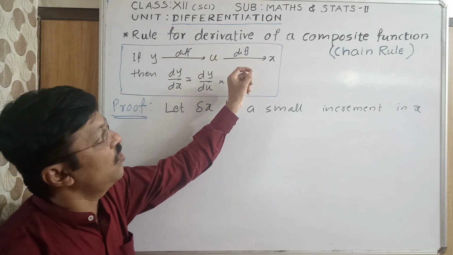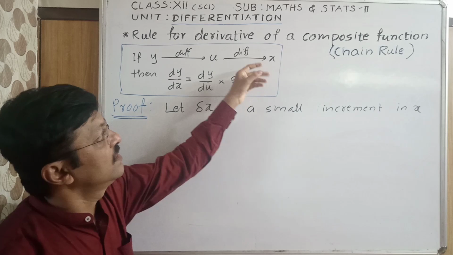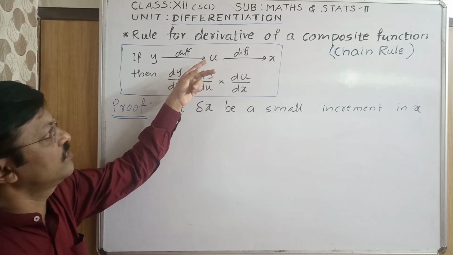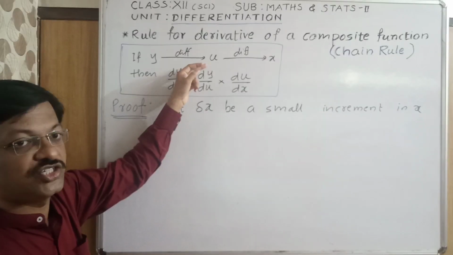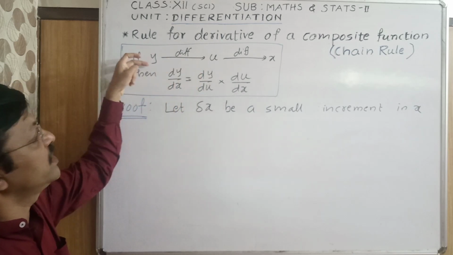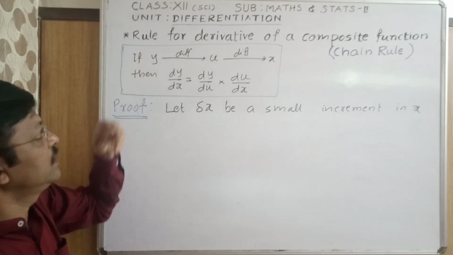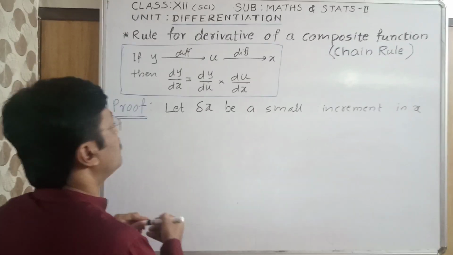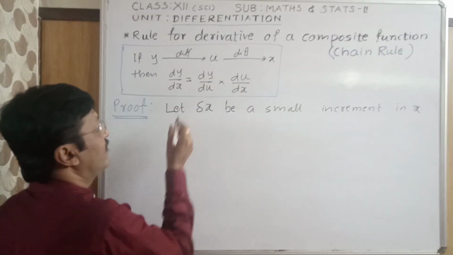If you make a small change delta x in x, there will be a change in u. Due to this change in u, there will be a change in y. So let us denote these corresponding changes by delta u and delta y.